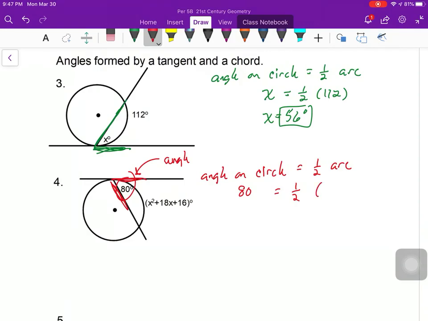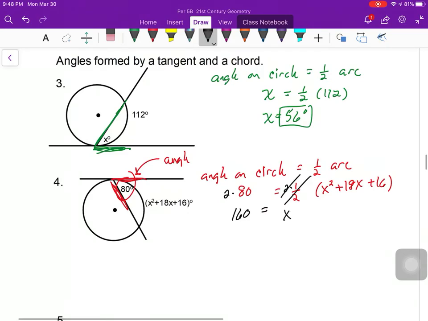Well, there's the angle. So 80 will equal half, and then x squared plus 18x plus 16. Once again, whenever you have a problem like this where the variable's in the parenthesis and the 1/2's on the outside, I would strongly encourage you to multiply by 2 on both sides.